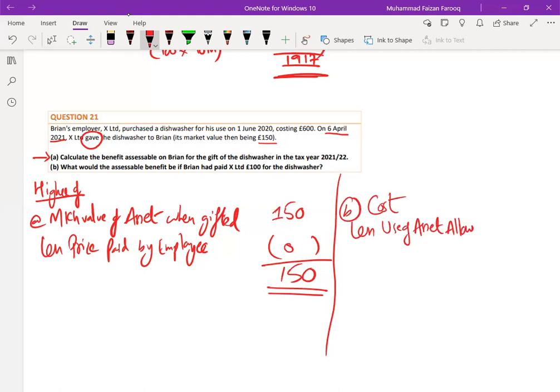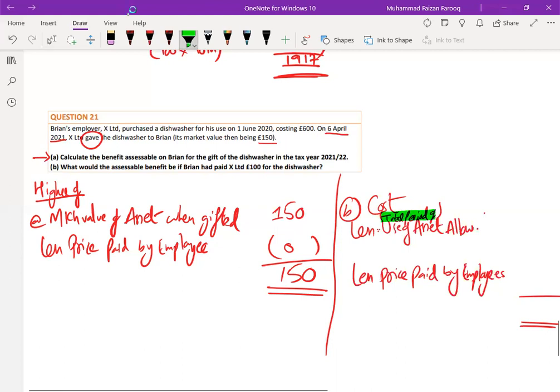This happens when the employer provides an asset to the employee for personal use, like use of asset, and after some time he says, okay, keep it, it's a gift. Meaning the employee uses it for some time and then it's gifted. So in this case, the second working will be applicable. Use of asset allowance. Use means total period of use. This total period we will now check.